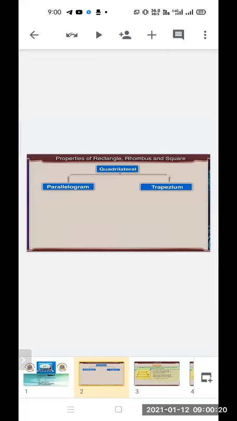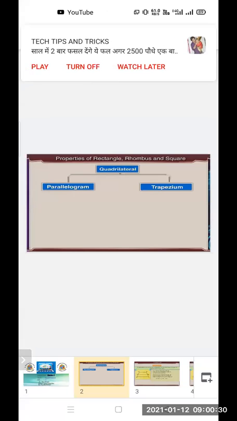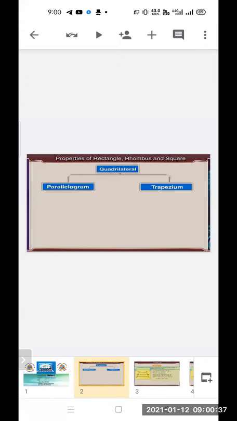In that lecture, we discussed that there are two forms of quadrilateral. One is the most important, parallelogram; under that come square, rectangle, and rhombus. And today we are going to see another form of quadrilateral, that is trapezium.